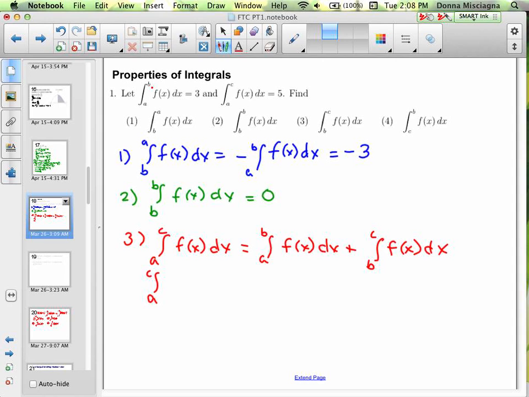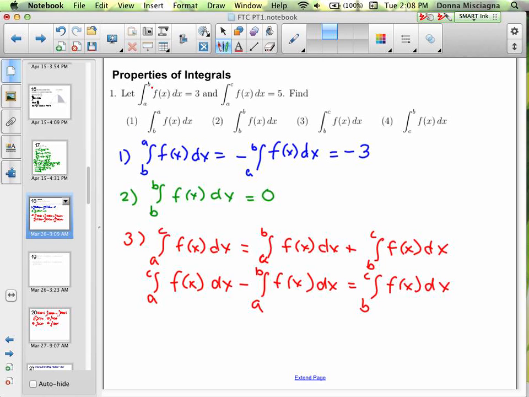So the integral of f of x dx from A to C minus the integral of f of x dx from A to B equals the integral of f of x dx from B to C.